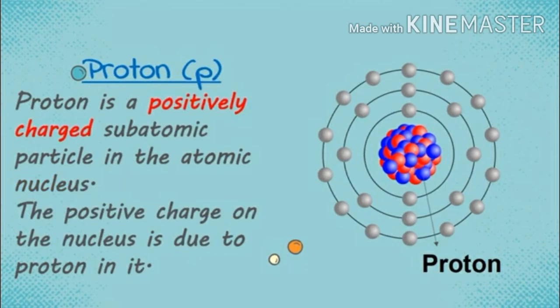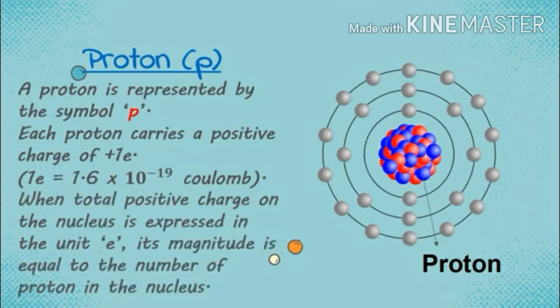Next, proton. Proton is a positively charged subatomic particle in the atomic nucleus. The positive charge on the nucleus is due to the protons in it. A proton is represented by the symbol small p.